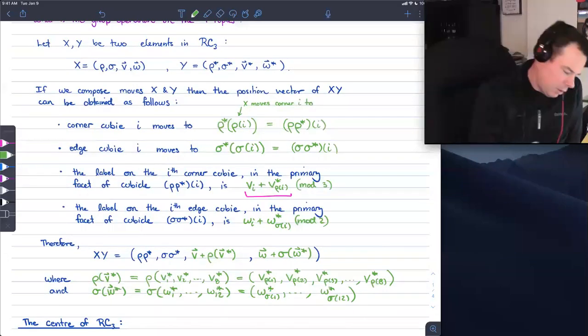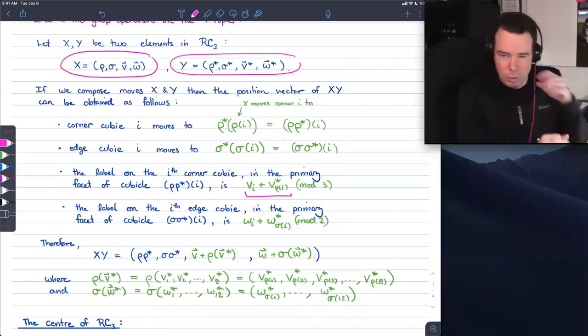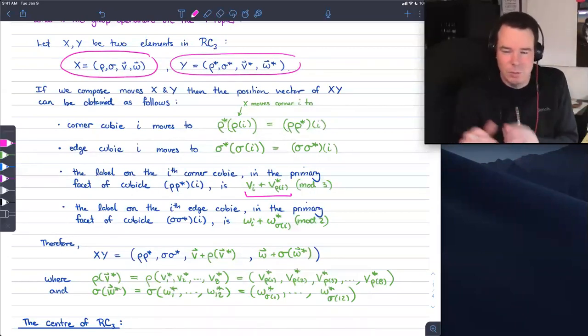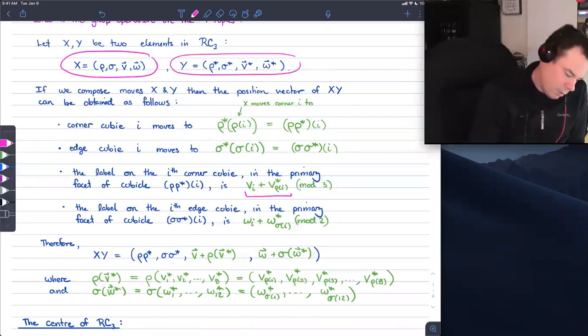But here's the big picture. I start with two move sequences, a bunch of moves that I can do that are called X, and a bunch of move sequences of twisting faces that I call Y. And if I want to do all of the X moves first and then follow them with the Y moves, if I know what the 4-tuple is for X and the 4-tuple for Y, then I can get the 4-tuple for their product in this way.